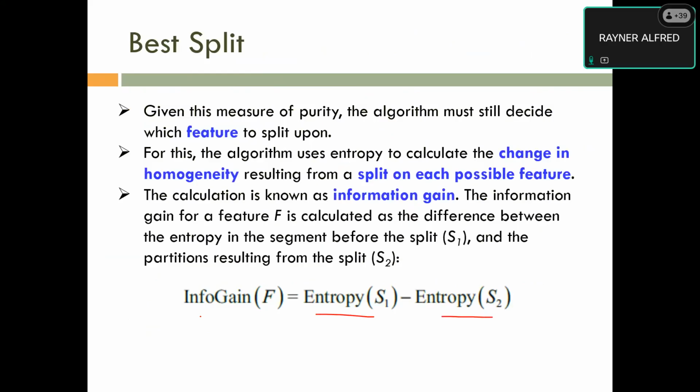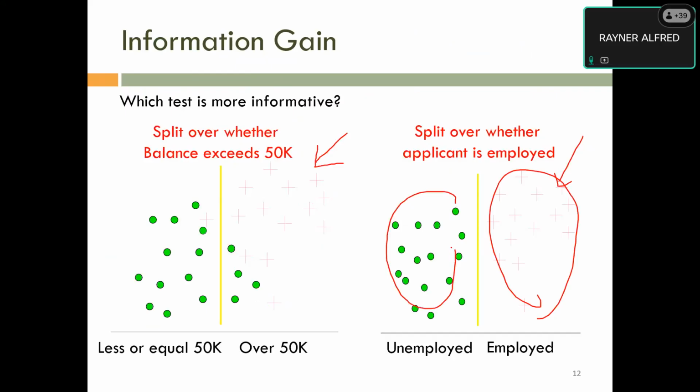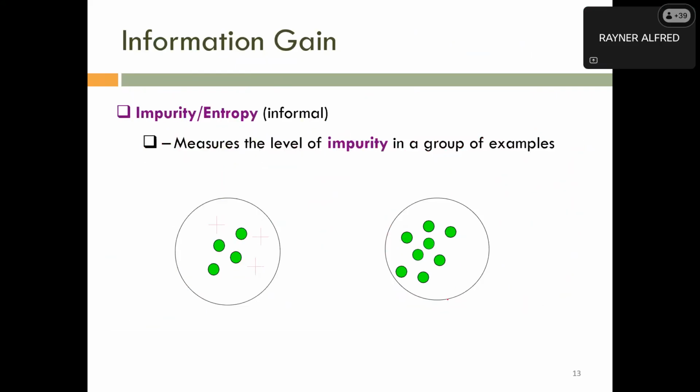Then I can get the information gain here. For example, if I split these into halves, one will give me higher entropy and the other will give me zero entropy because it is pure.